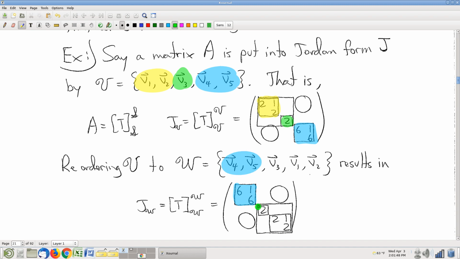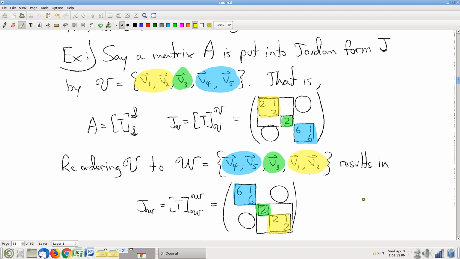I seem to be leaving this block right where it was. Third, still third. This block that was first, I'm putting it now at the end. Put those basis vectors at the end. Okay, so I claim that's how this is going to work.